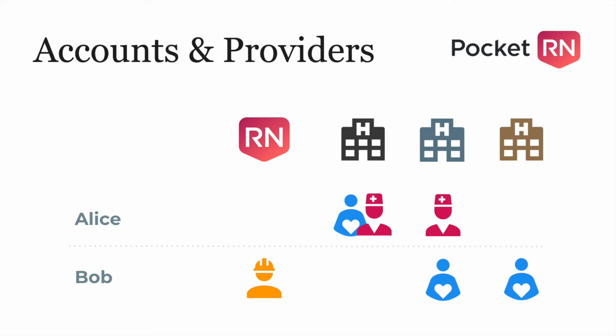Bob is an employee of PocketRN. In fact, he's a technician, and so he has admin capabilities, which we'll see in the demo. But he's also a patient for gray and brown clinic. And you can see that at Gray Clinic, there's also Alice, who is a nurse. So if Bob was to go on PocketRN and select that he wants to meet with nurses from Gray Clinic, he can meet with Alice, specifically for that clinic.